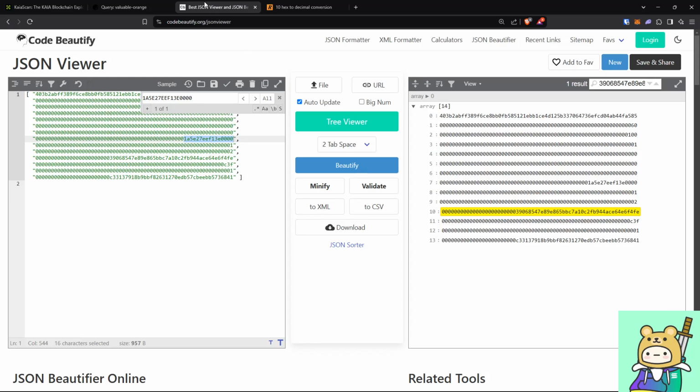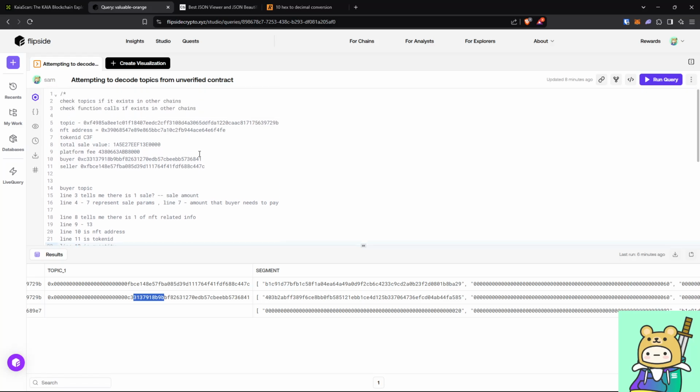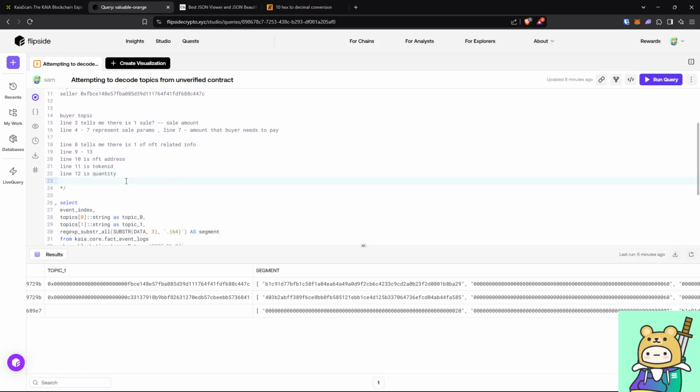Now, I guess we can already write the logic for this, but it would be good if we can verify several things. For example, one is multiple NFTs, two is payment not in Kaya, the native token.